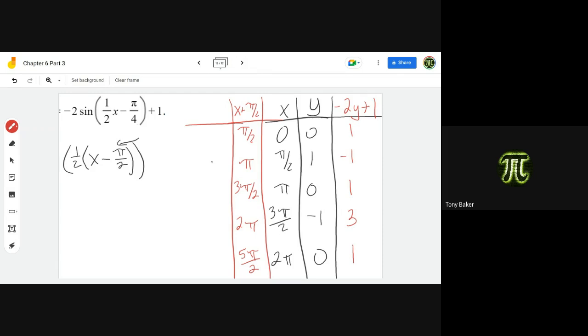Okay. Now I have to multiply by what? I'm multiplying by 2.